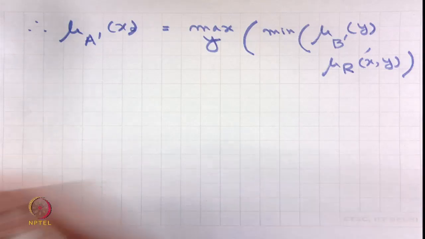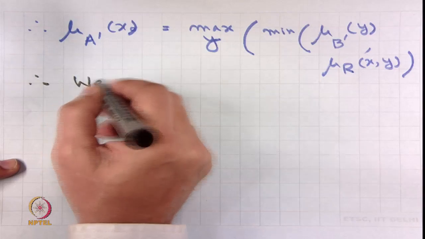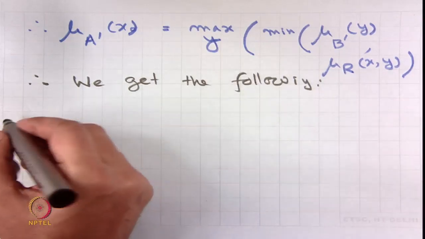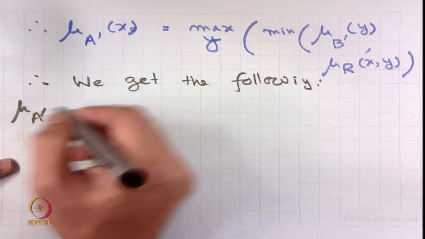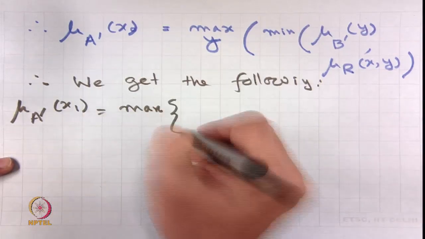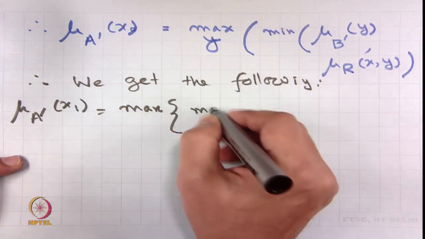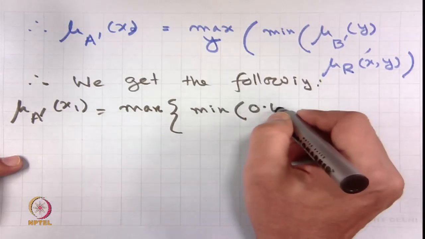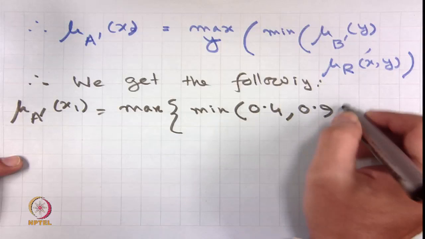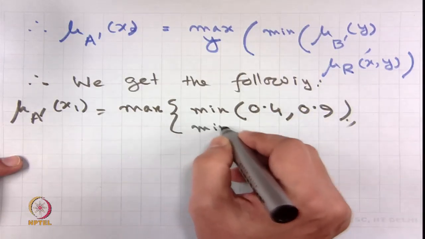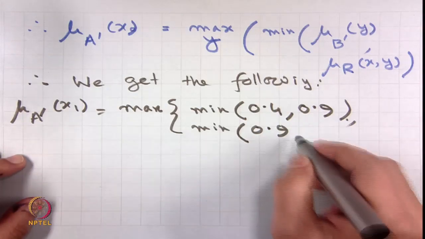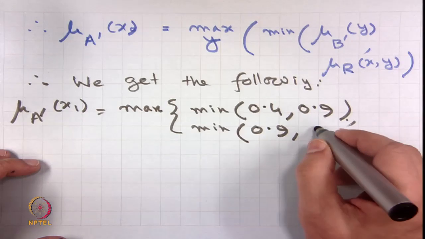Therefore, we get the following: mu A prime of x 1 is equal to maximum of minimum of 0.4 and 0.9, comma, minimum of 0.9 and 0.4.